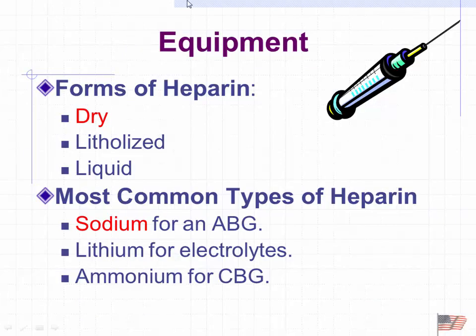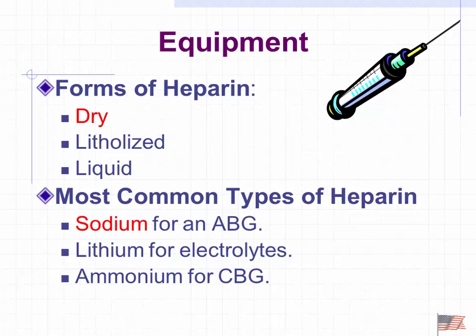More often than not, the ones we're going to see are what are called dry heparin, or the term is lyophilized. I think it's actually lyophilized, now that I'm thinking about it, with a PH, not a T. But that means freeze-dried. So basically the liquid heparin is treated and turned into a little white puffball that you'll end up seeing in the syringe itself. Again, or we can use some liquid.